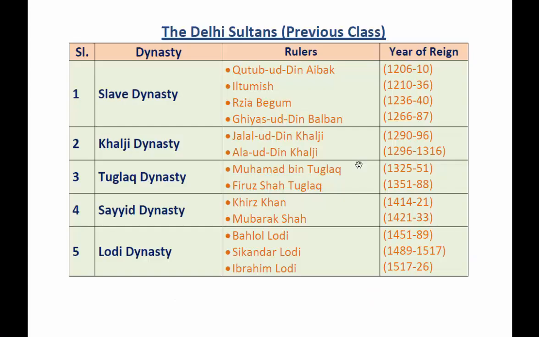In the previous class we discussed some of the important dynasties of the Delhi Sultans, in which Qutbuddin Aibak was the founder of the slave dynasty, and Ibrahim Lodi was the last of the Delhi Sultans, who was ultimately defeated by Babur in the Battle of Panipat in 1526. That was what we learned in the previous class.